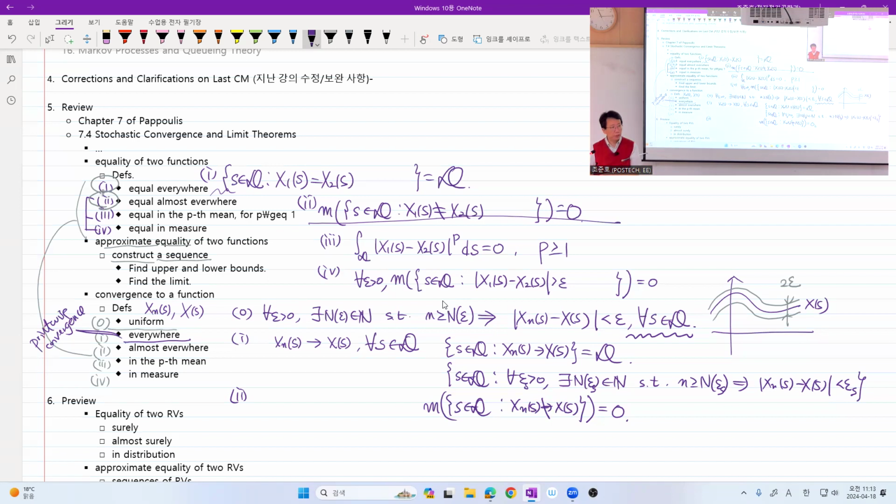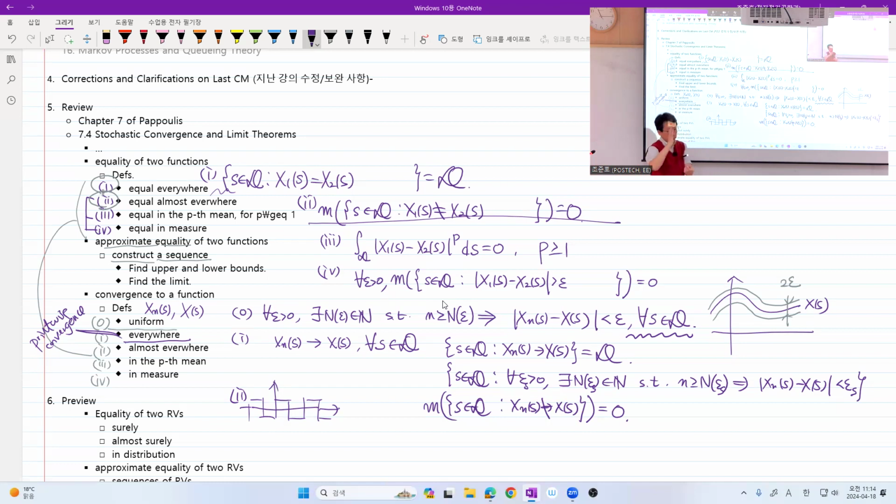And what was the most seminal example? The square wave. As we've seen, the square wave is a discontinuous function. And if you construct a sequence of functions by using truncated Fourier series, then what do you know? At every discontinuity point, the limit is the midpoint between the right and left limits.